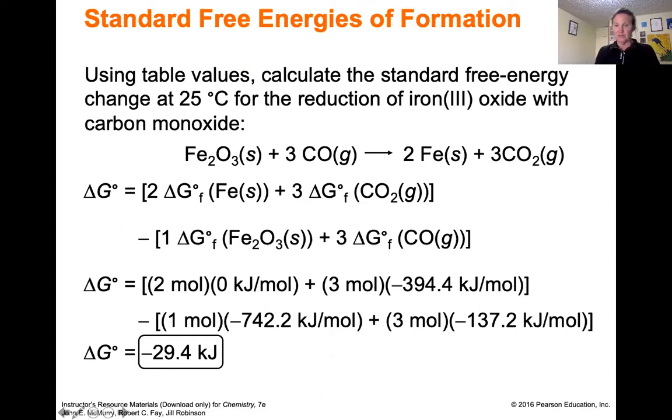Multiply them by the stoichiometric coefficients, which are the number of moles, and you end up with units of just kilojoules. This particular reaction has a negative delta G of 29.4. Because it's negative, that would mean if you put everything in here, in this case all the gases at one atmosphere, the reaction would go forward. So when it has the little naught sign, it tells you whether or not the process is spontaneous under standard conditions.